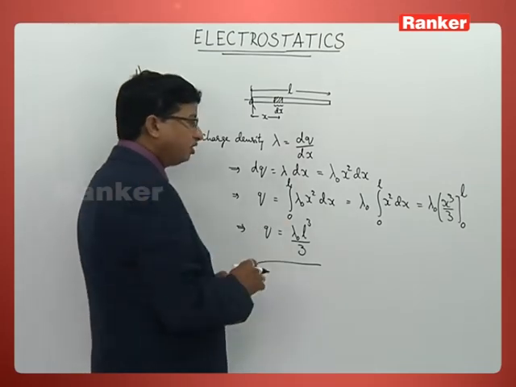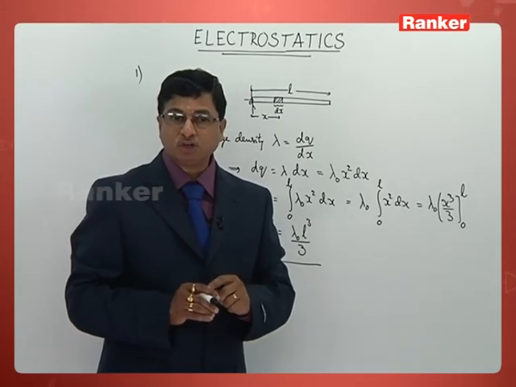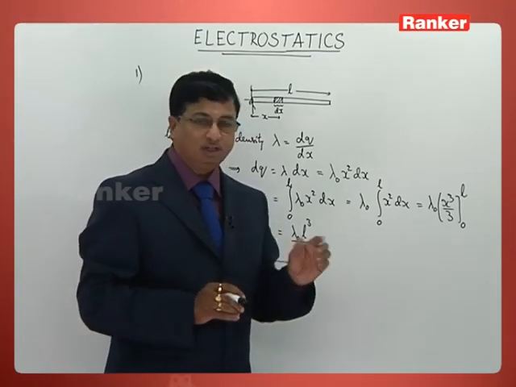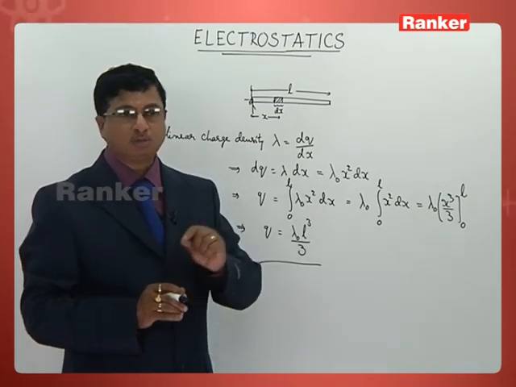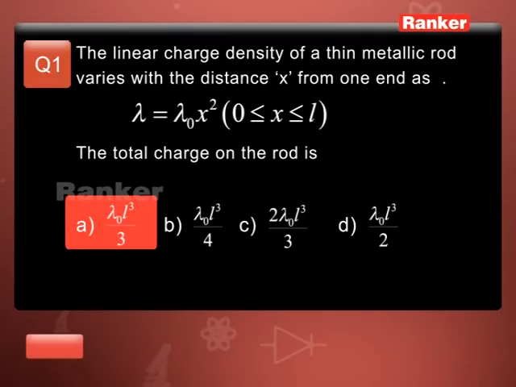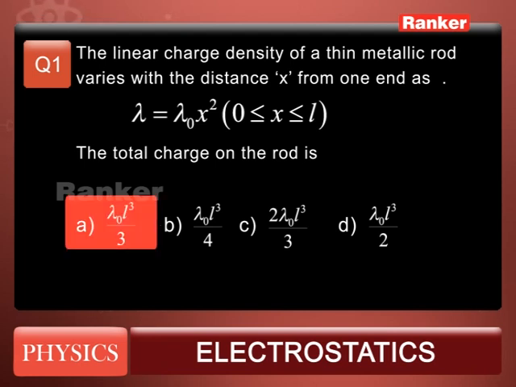Of all the 4 options mentioned over there, this coincides with the very first option. So the answer for this particular question is going to be A. Look at that A, the very first option, lambda naught L cube by 3.